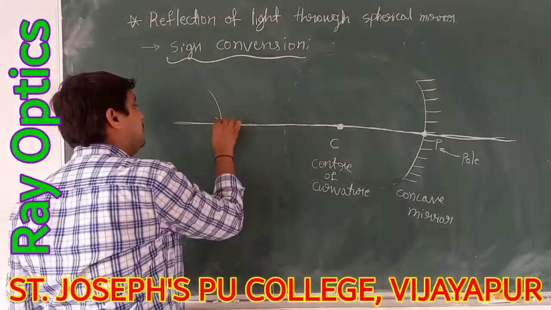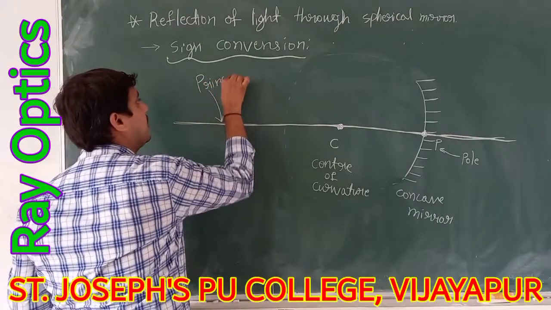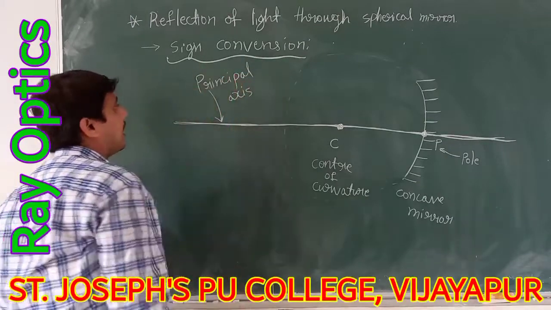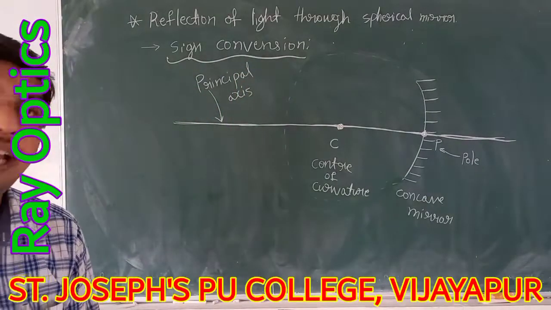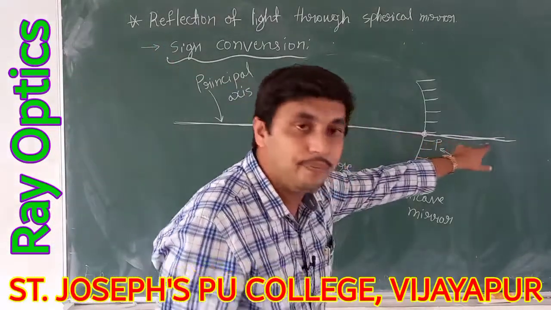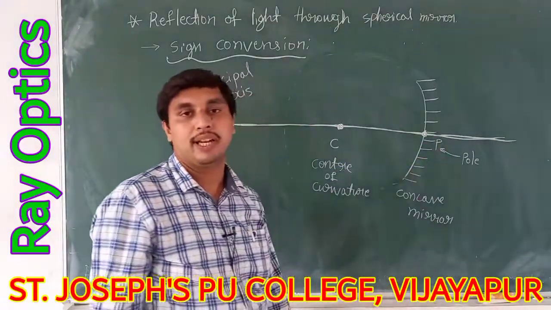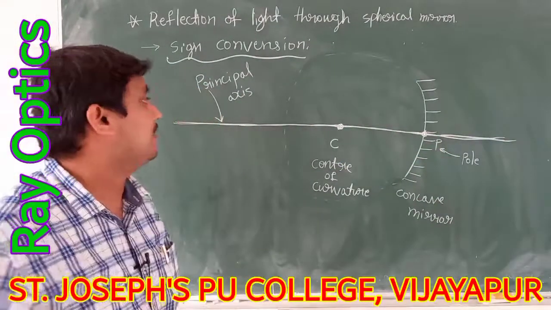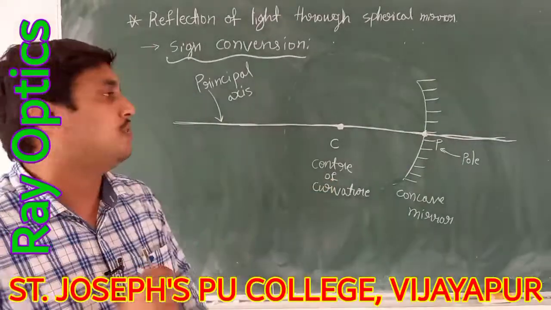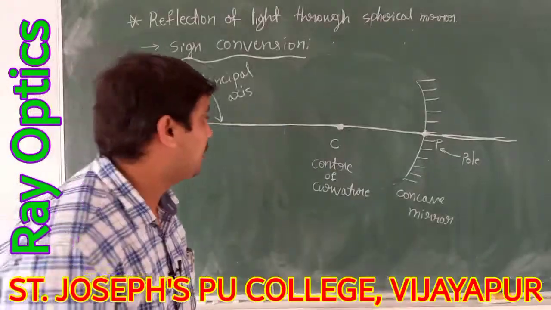That line we will call the principal axis. Okay. So the imaginary line passing through the center of curvature and the pole of the mirror, we will call the principal axis. Just like a reference, we need some reference. So for that purpose, we can also call it a reference axis.